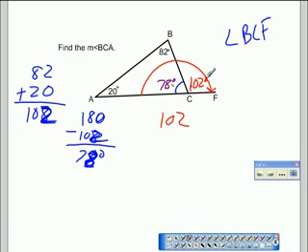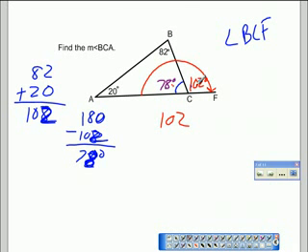If one side of a triangle is extended, then the exterior angle formed is equal to the sum of the two remote interior angles of the triangle. What that means is if you have an exterior angle, the measure of this one is equal to the sum of the other two that aren't next to it. So you add up those other two, and I just showed you: 20 plus 82, 102. We used that 102 to get that 78. Well, that has to be 102 because there are 180 degrees in a straight angle.